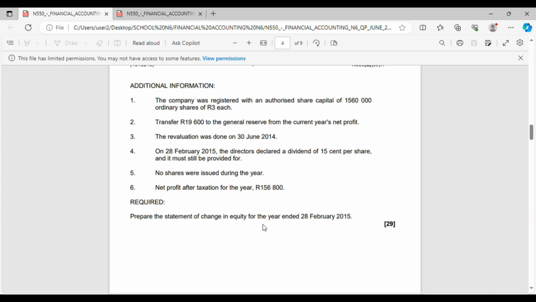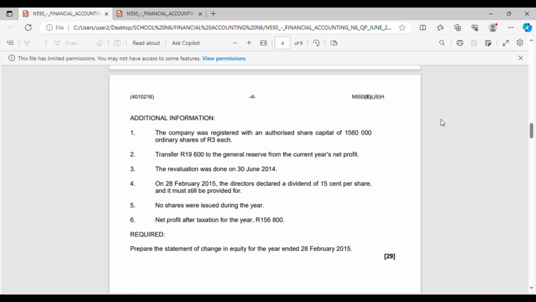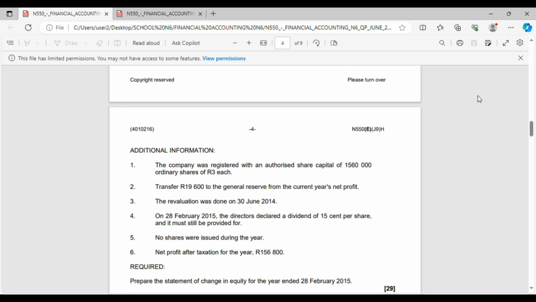5, no shares were issued. Oh, there were no shares that were issued. I think everything here is going to go smoothly because no shares were issued, so we don't have to calculate the shares. That's pretty good.